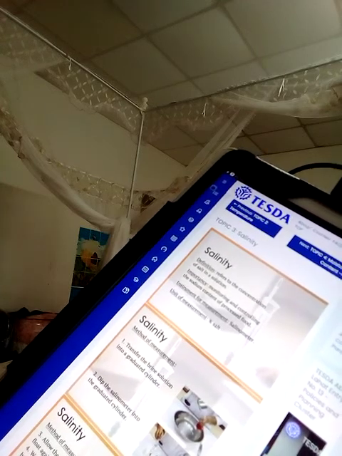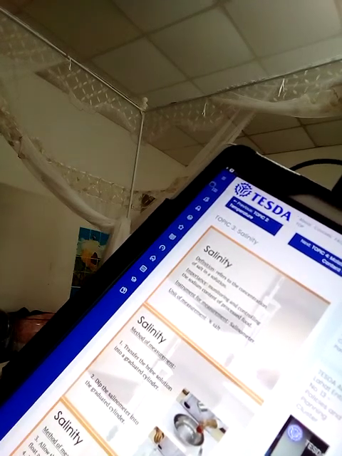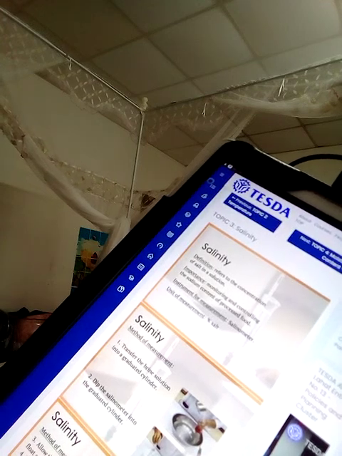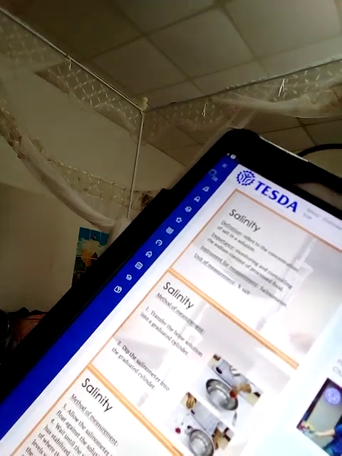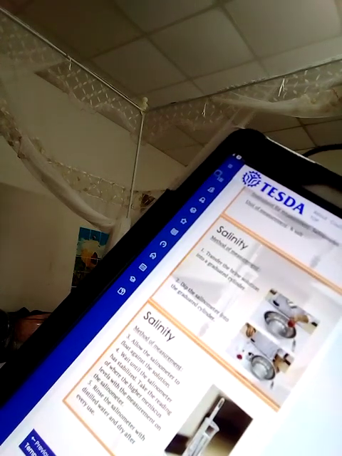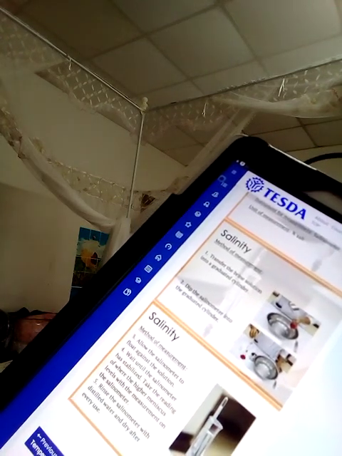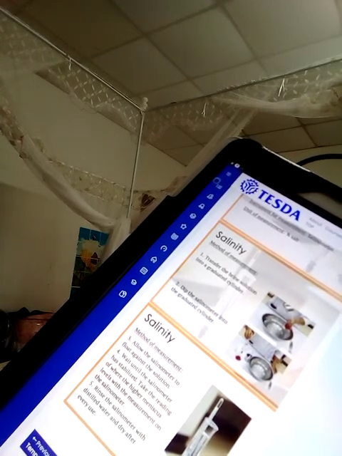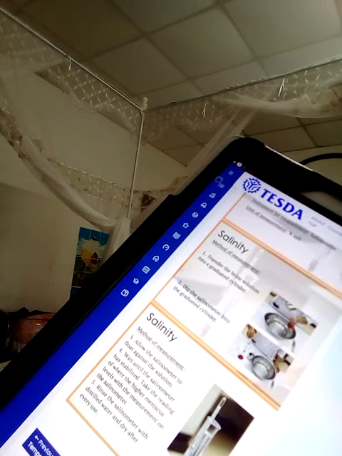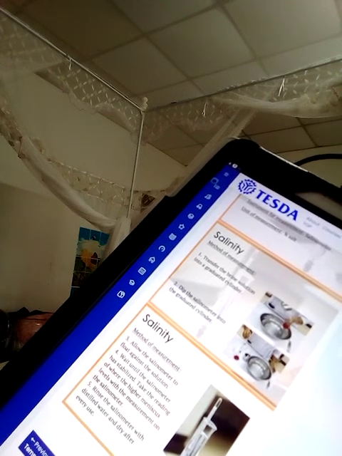Salinity method of measurement. Number 1, transfer the brine solution into the graduated cylinder and dip the salinometer into the graduated cylinder. Number 2, allow the salinometer to float in the solution.